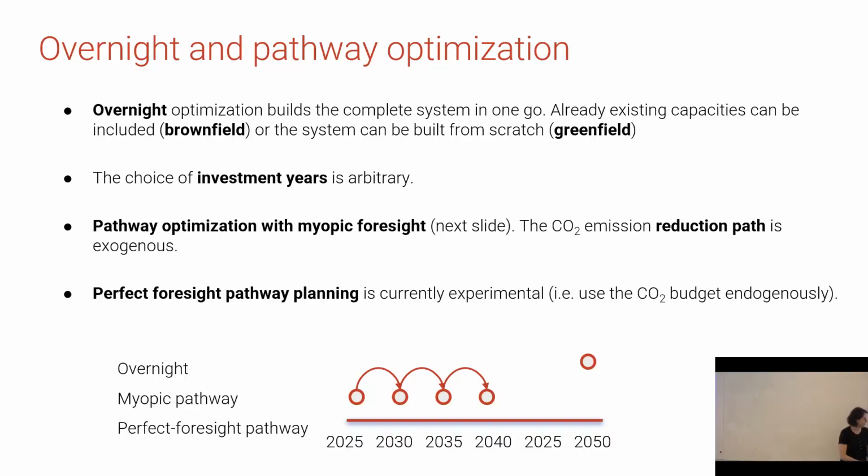And then in the myopic, you model 3 years that represent this period. And then the capacities that have been optimally determined are saved. And then you model the next planning horizon that inherits the capacities that were installed in the previous time step.